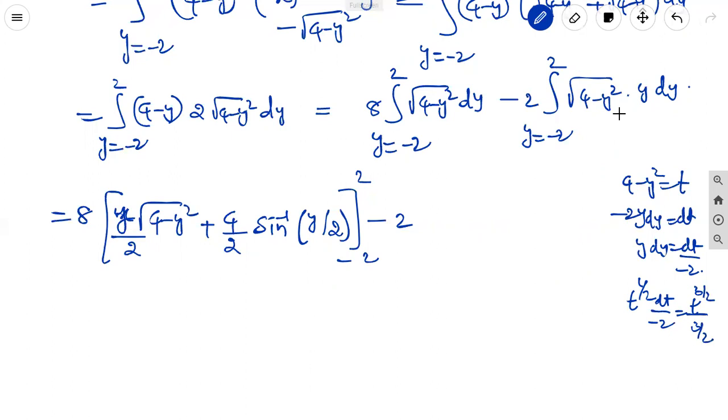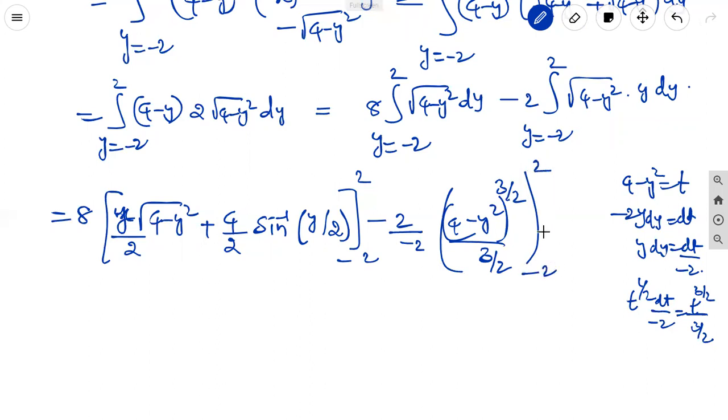We can take the 2, and the minus 2 is outside. It is 4 minus y square whole power 3 by 2 by 3 by 2, limits from minus 2 to 2.